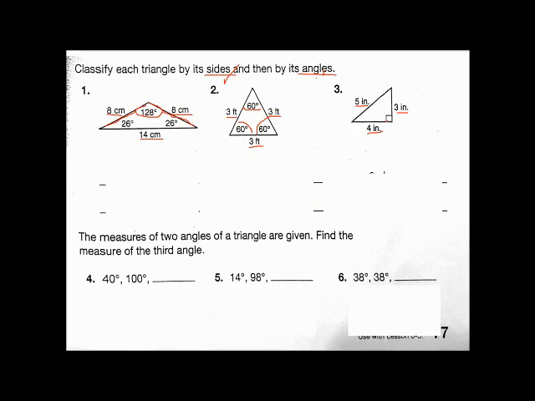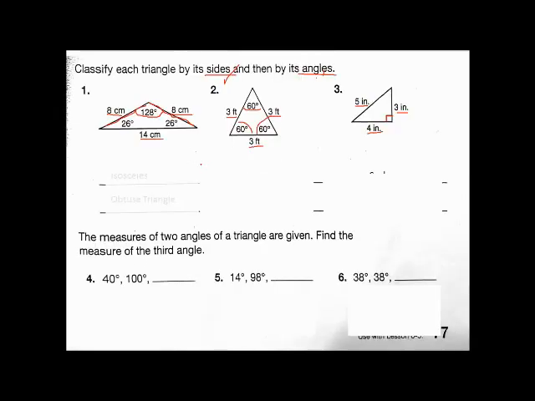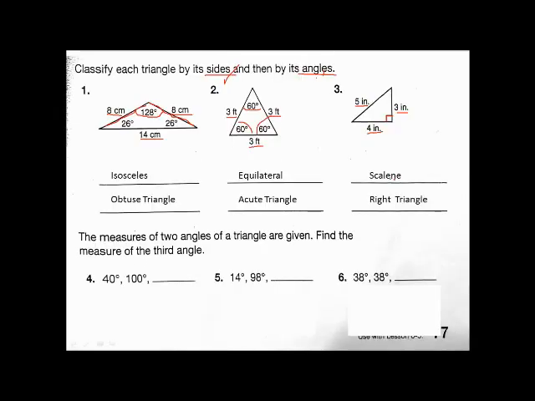Okay, now let's go for the angles. We have one right angle here that measures 90. What's the name of the triangle that has one right angle? We call it a right triangle. So again, we have here a scalene right triangle. Why scalene?